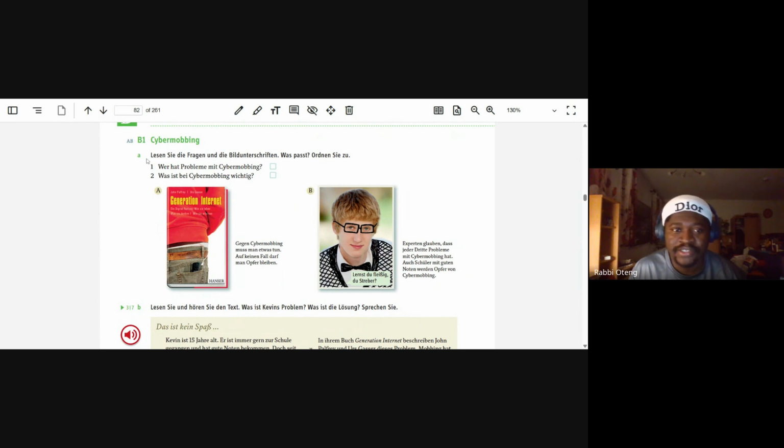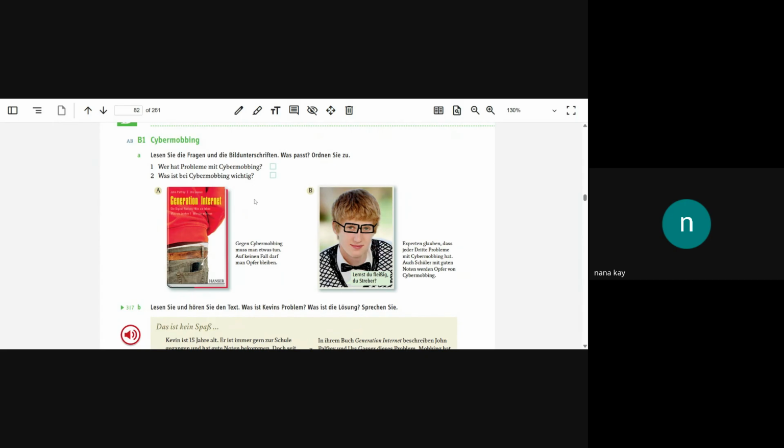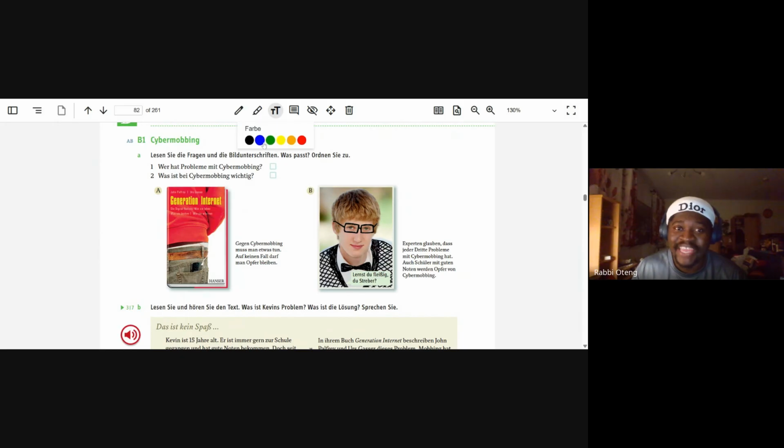So answer which picture belongs to which picture? The first one is: Wer hat Probleme mit Cybermobbing? So who would like to answer? Wer hat Probleme?